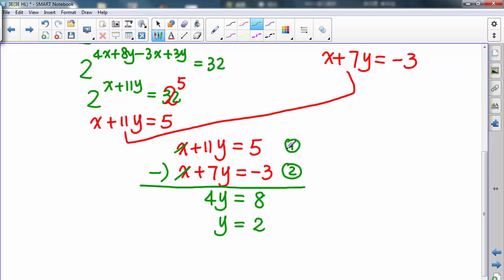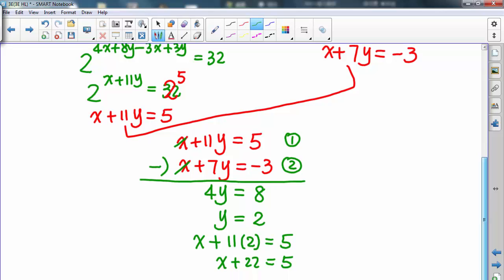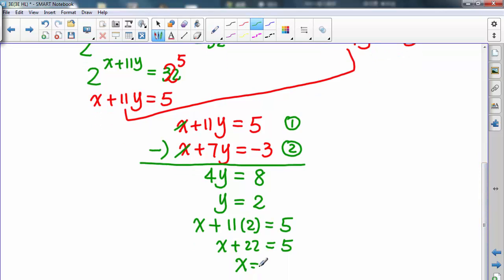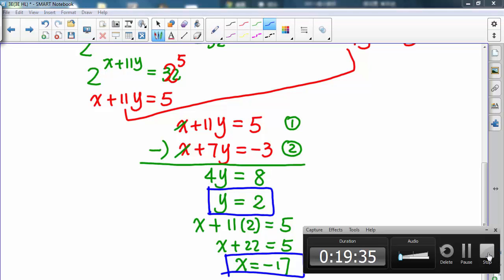Let's plug it back into the first equation. So x plus 11 times 2 equals 5. x plus 22 equals 5. What is x? x equals -17. So the x value is -17. The y value is 2. Okay, this is the lesson for today.